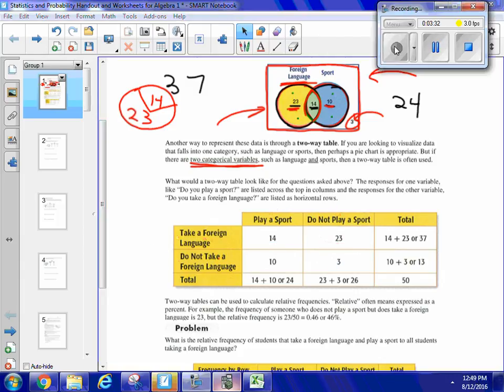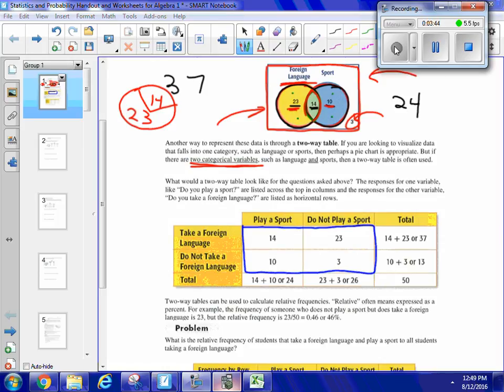Now, you will notice that the heart of the data is in these 4 boxes right here. But one of the things that we do with a two-way table is look at this area around it. Those are called the margins, just like you have a margin of a paper.